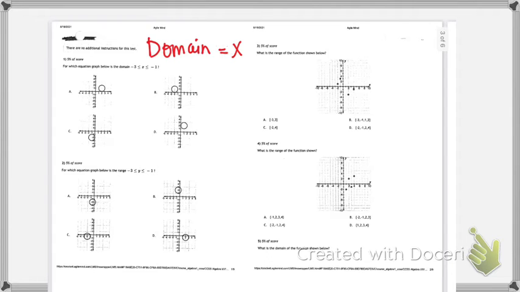And we're looking from negative 3 to negative 1. So we're looking at a circle which starts at negative 3 and ends at negative 1. So if you look at B, it starts at negative 3 and ends at negative 1.